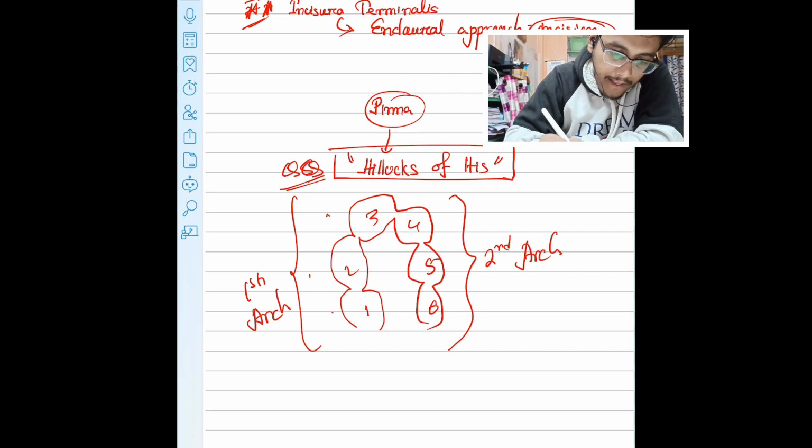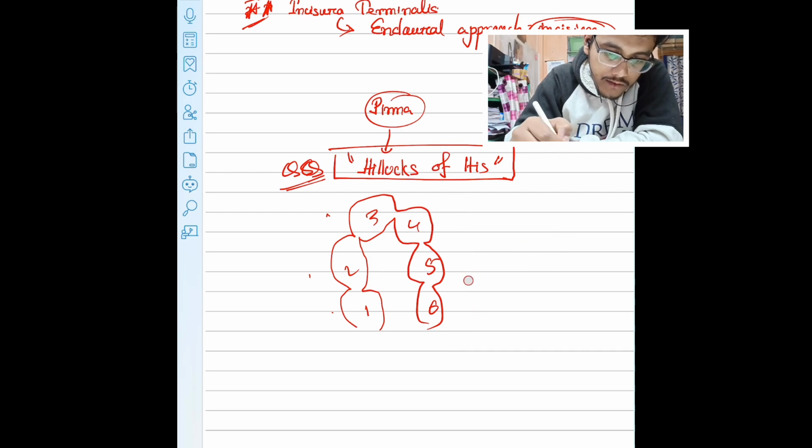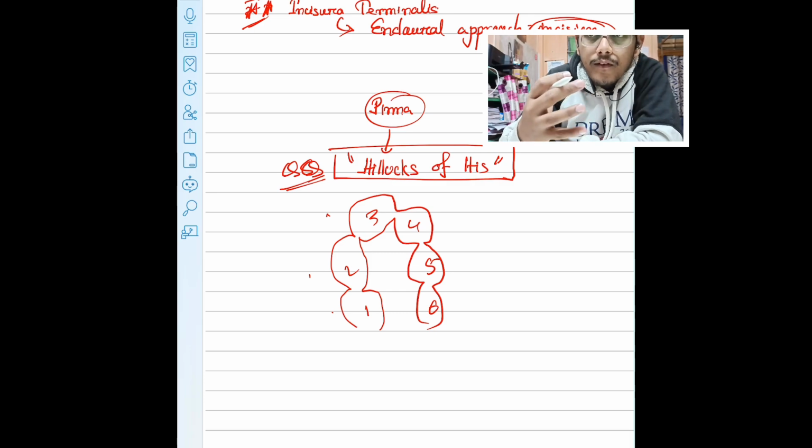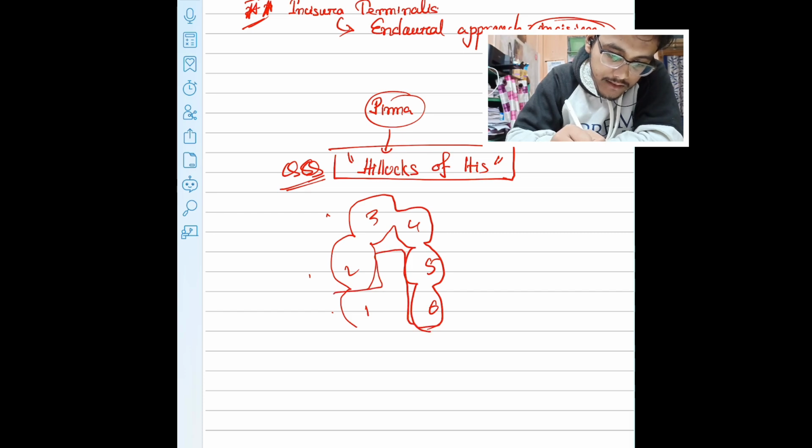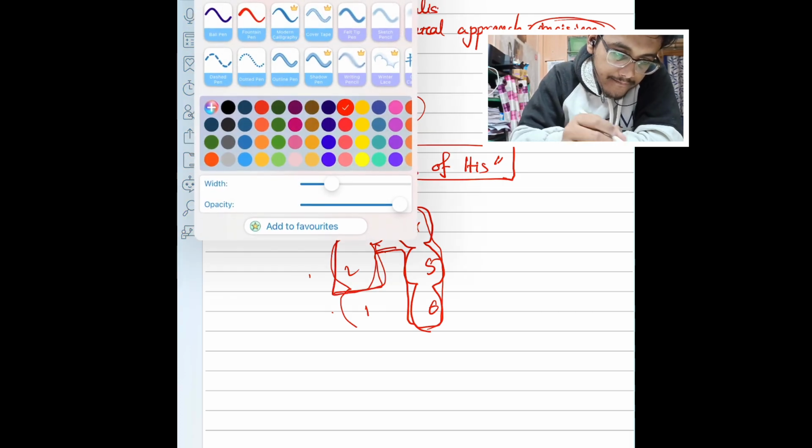So during the fusion, these tubercles fuse together and form the pinna. Tubercles 2, 3, 4, 5, 6 fuse together first, and later they fuse with the first tubercle.